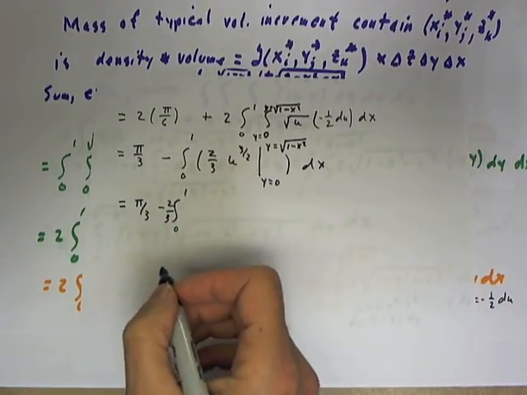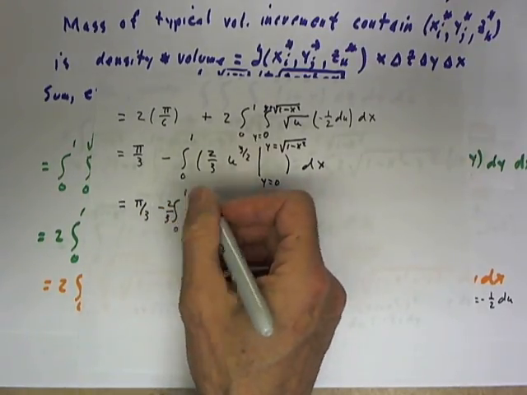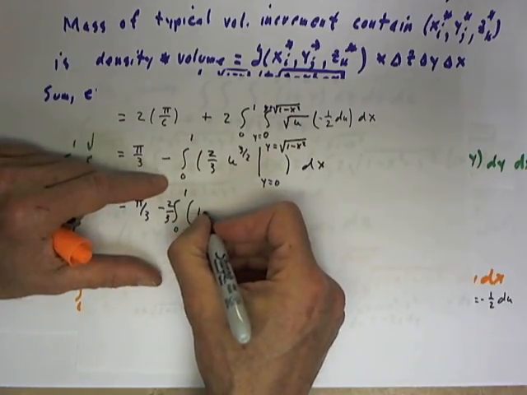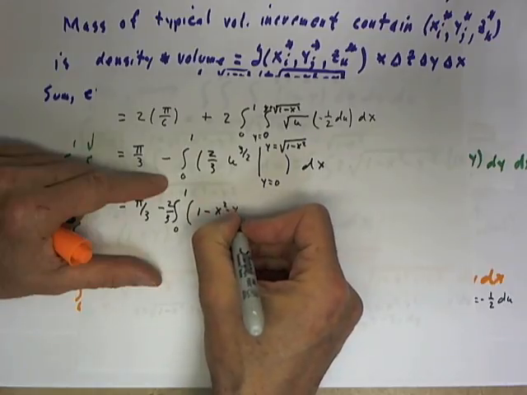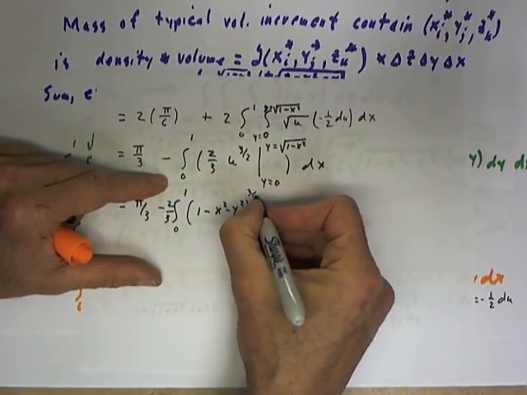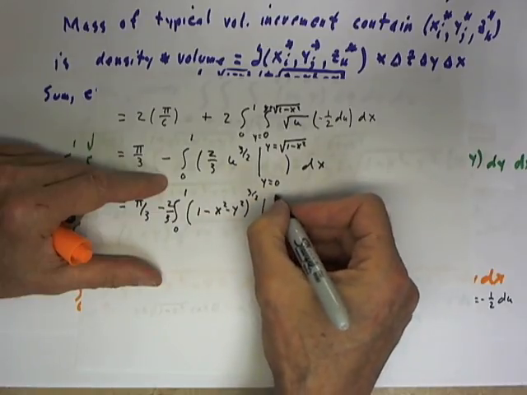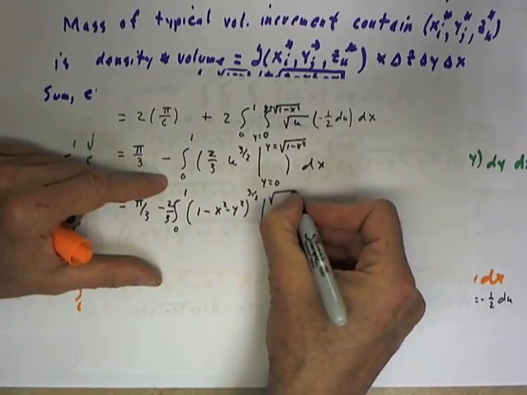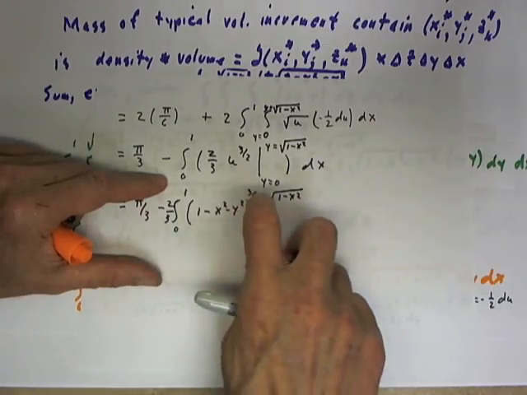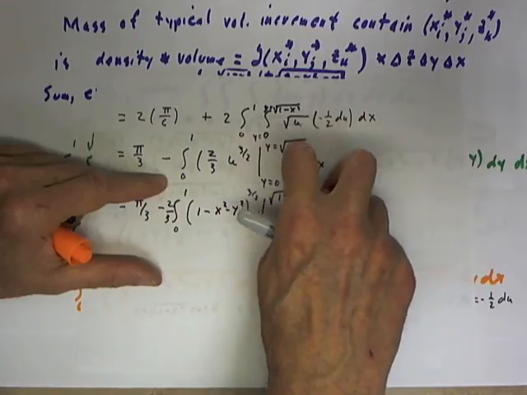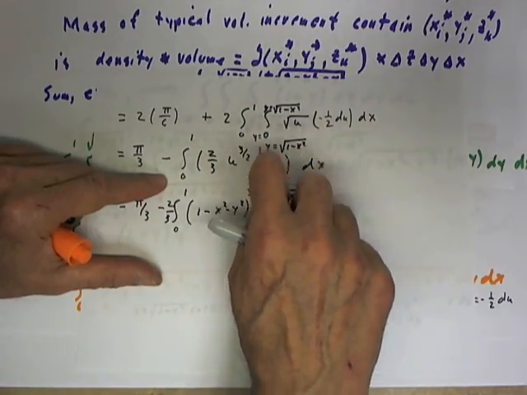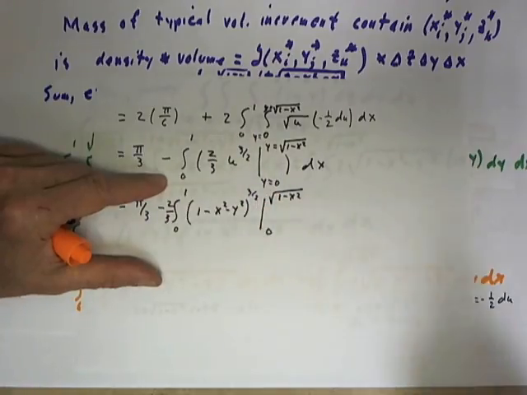And then it's going to be the quantity 1 minus x squared minus y squared, which is our u quantity, raised to the 3/2, evaluated between now y limits of the square root of 1 minus x squared and 0. We wrote the y equals here and the y equals here because we had the u and we didn't want to lose track of the fact that these were limits on y, not on u.